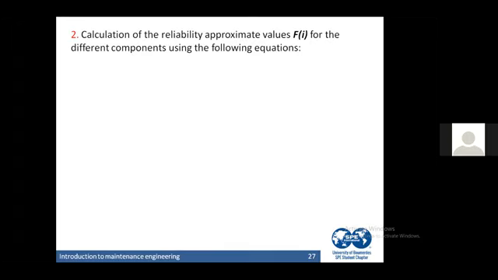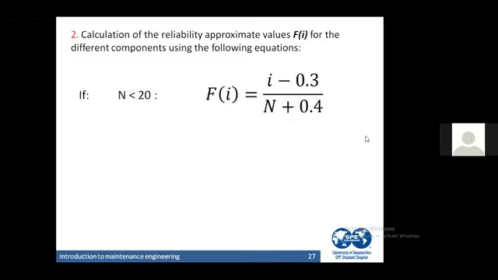This is a function that represents the approximate reliability value. For example, if we have a number of samples lower than 20, we can calculate this Fi using this law. We have i, which is the order, and N, which is the number of the equipments.